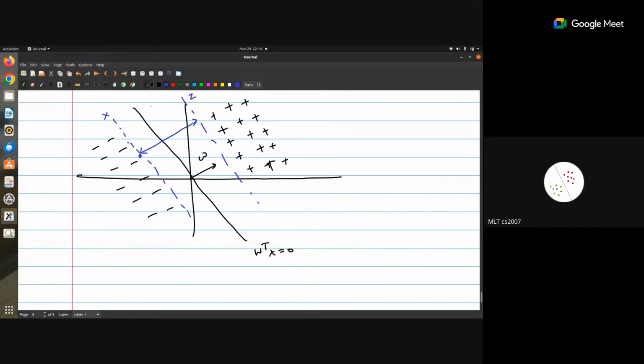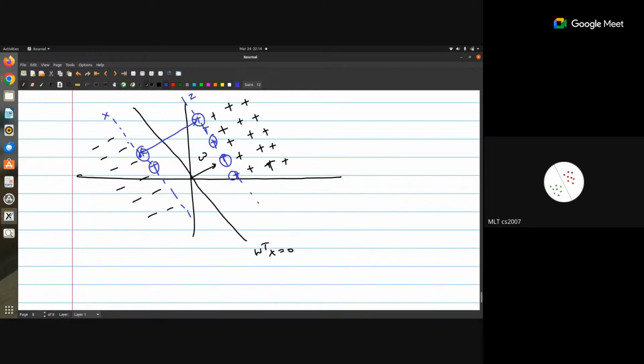So what does a support vector machine do? It will take the points on this hyperplane, and with respect to this hyperplane, we decide the margin.